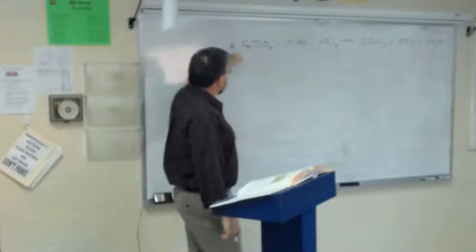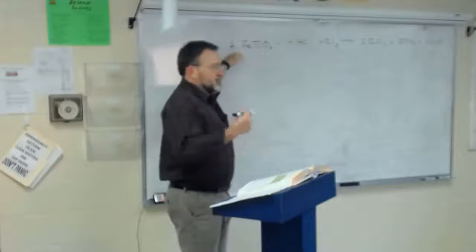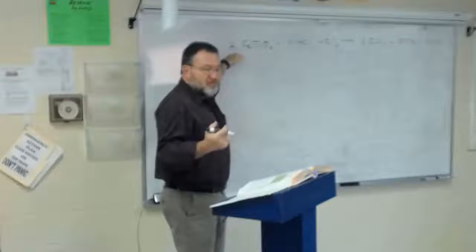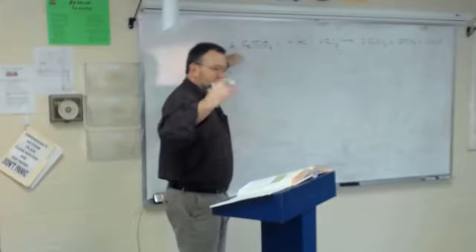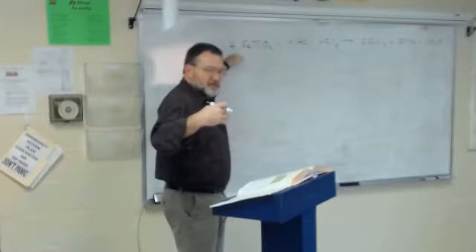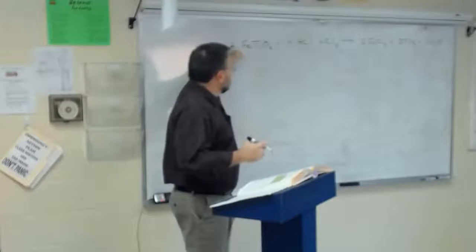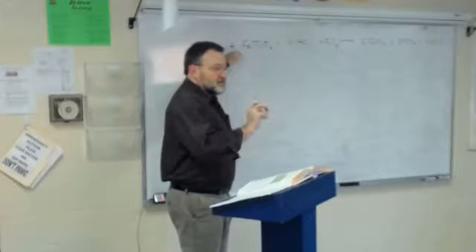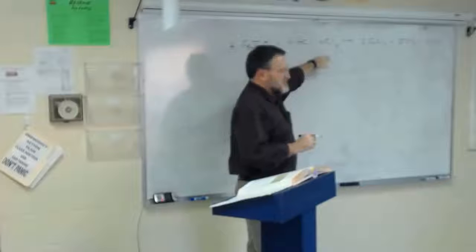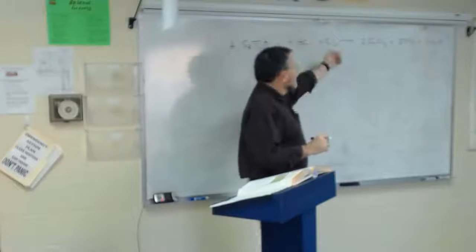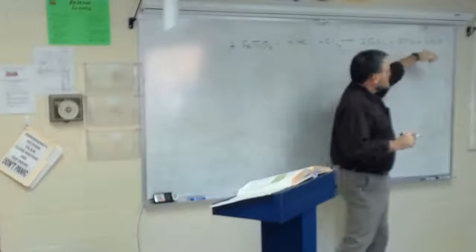If I have 2 of these, when I say 2, I could be saying 2 molecules, or 2 moles of molecules, or 2 dozen molecules, or 2 score of molecules, whatever the units are. But if I have a relationship, a proportion of 2 by count, not by mass, by count. If I have 2 of these and 4 of these and 1 of these, that they react together to produce 2 of these, 2 of these, and 2 of these.